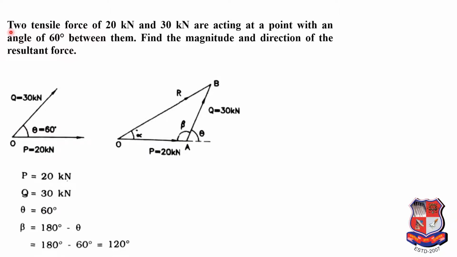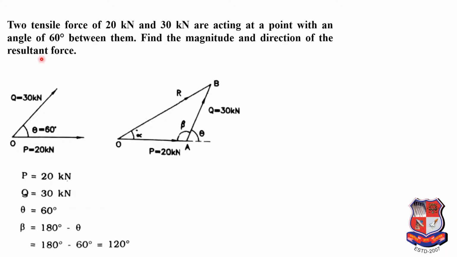So here we are reading the data. Two tensile forces of 20 kilonewton and 30 kilonewton are acting at a point with an angle of 60 degree between them. Find the magnitude and direction of the resultant force. Okay. So dear students, whenever in examination, in your physical class or maybe in any online classes, there is a calculative part, any problem, any sum, you have to read your data first properly.